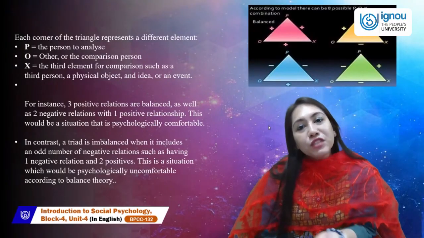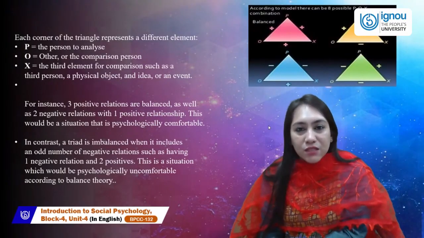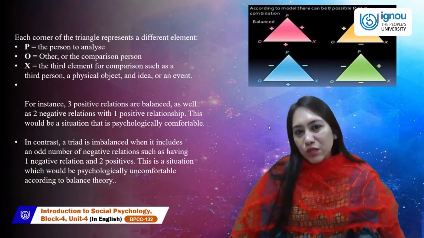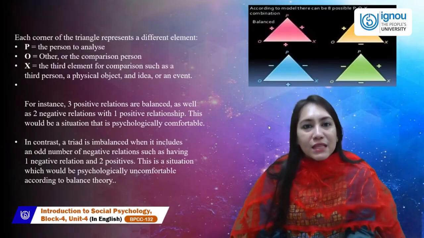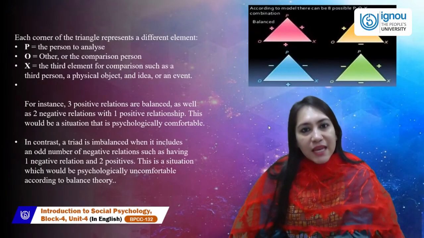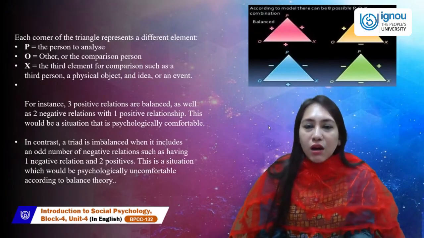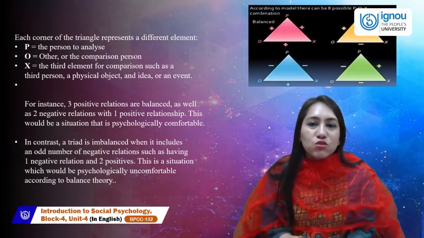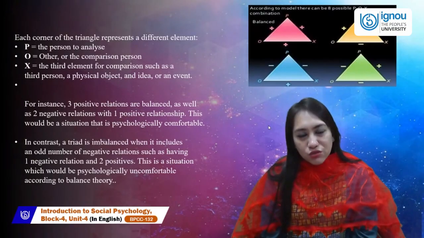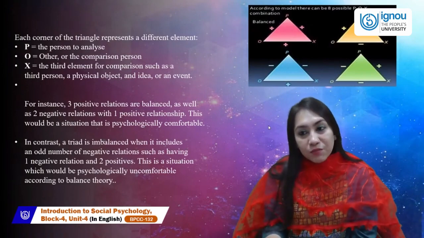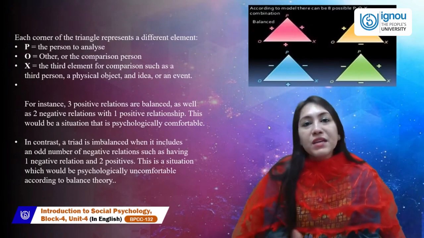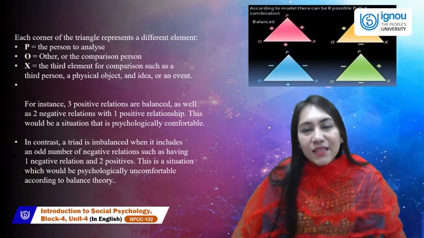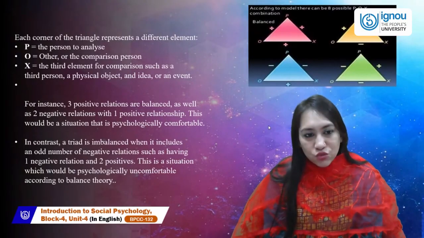Another balanced situation would be two negatives and one positive: P has a good relationship with O, and P and X do not have a good relationship, and O and X do not have a good relationship. So it's like PX negative, X and O negative, and P and O positive. And this is a balanced situation.